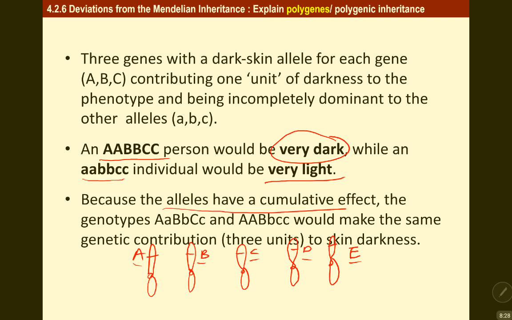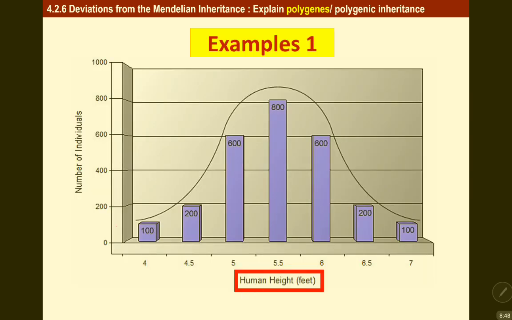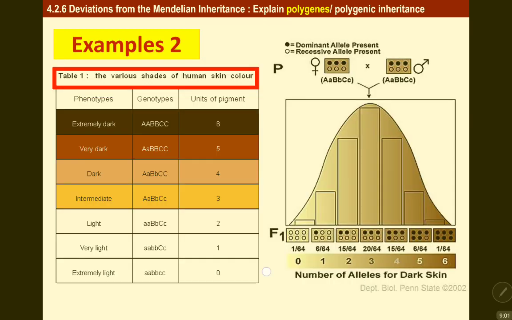All these alleles have a cumulative effect, so they gather all the effects from all the genes to show in your phenotype. However, normally all of us are intermediate. Polygenes usually have a normal distribution curve, where most of us are intermediate, and only a few are very light or very dark.